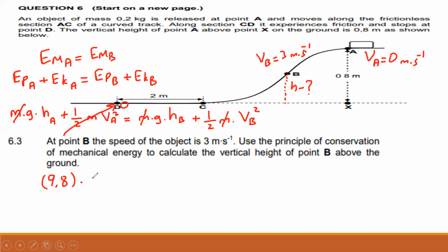0,8 equals g, 9,8 times h. We don't know h, we are going to calculate it now. Let's say just h plus 1/2 m is gone. So what we have, 3 squared.